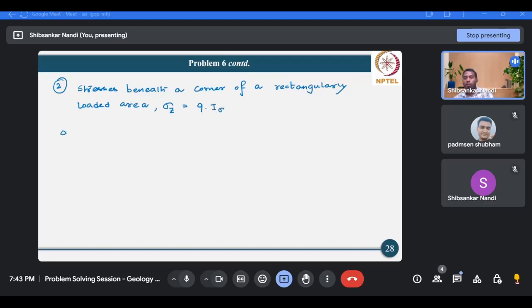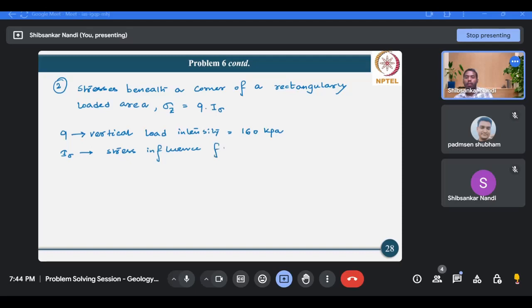Now this Q, this is the vertical load intensity, which is 160 kPa for the present problem. I sigma, this is the stress influence factor.